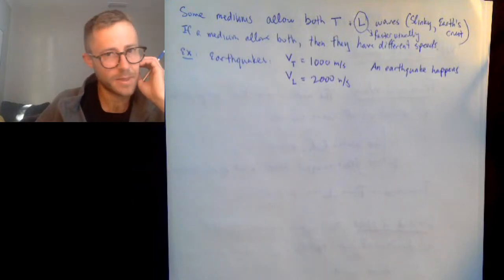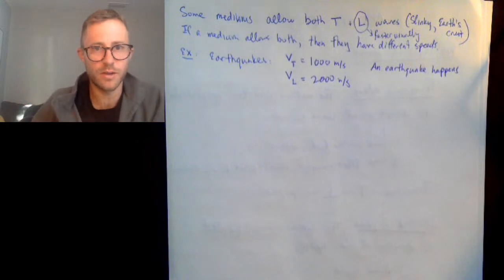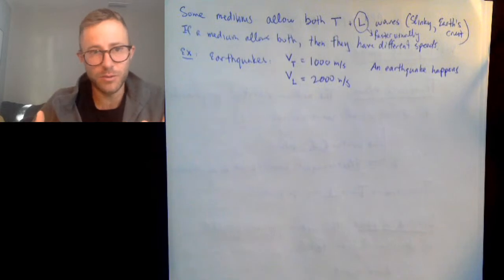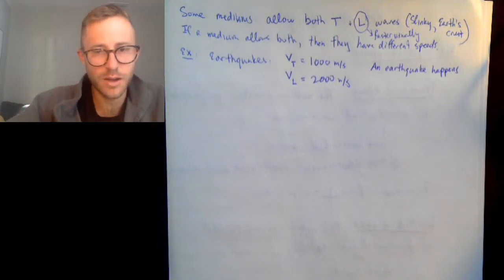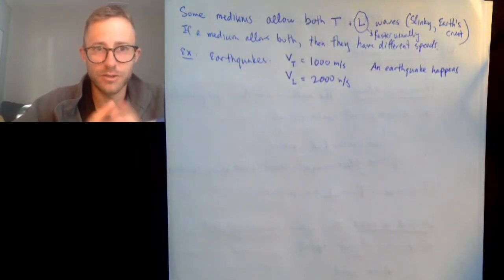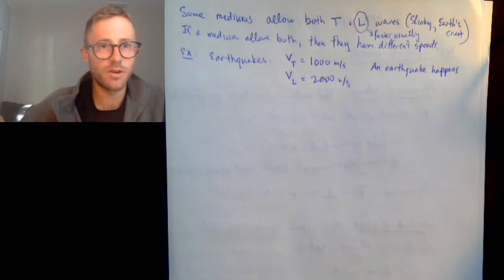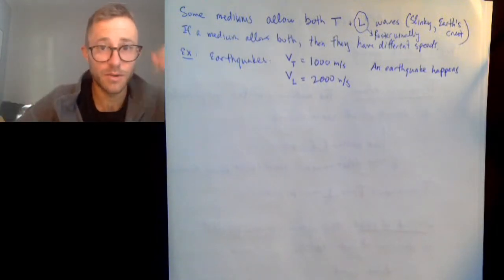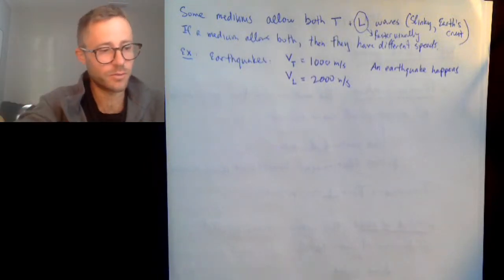An earthquake generates both longitudinal and transverse waves, but you feel the longitudinal first. In fact, if you are experiencing an earthquake and you're not terrified and you actually have a moment to think, you can feel the arrival of each. There's an initial shake and then a second shake. That's the arrival of both types of waves.